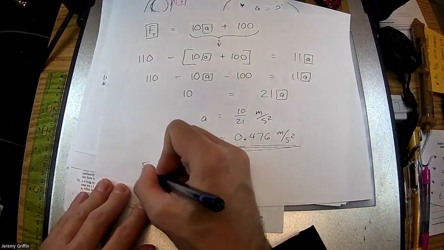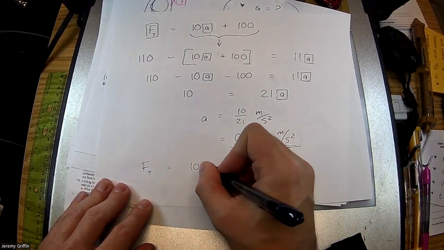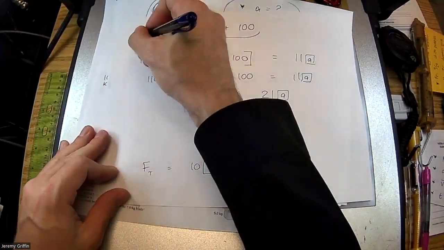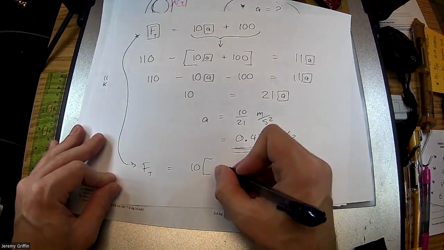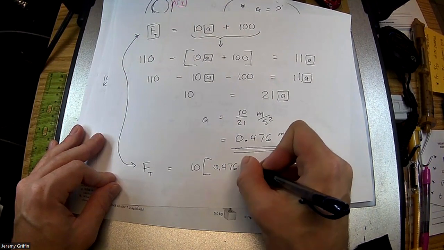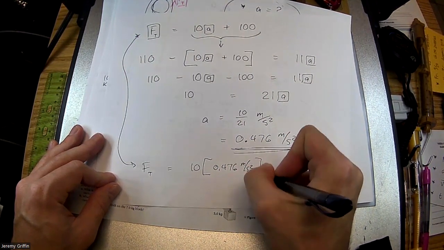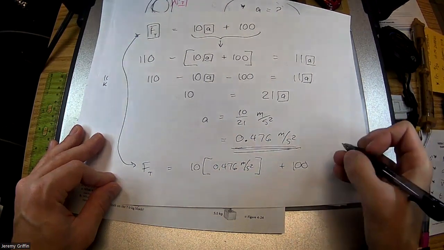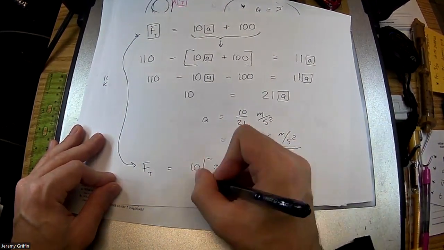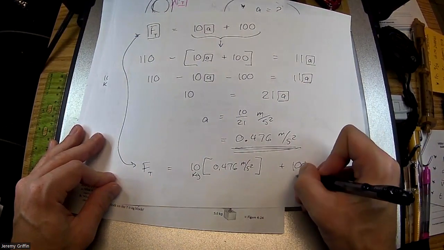The tension force should be 10 times the acceleration. So I'm just taking this and plugging it right there. And the acceleration now is 0.476 meters per second squared. Plus 100, and the units are newtons. I think this is kilograms here, this is newtons here.